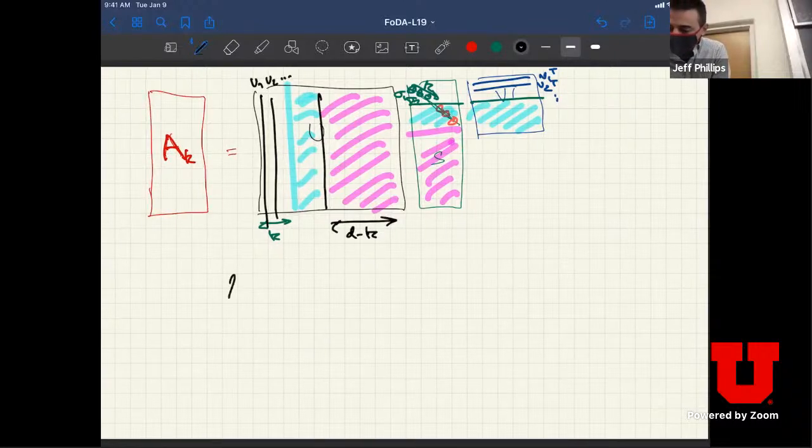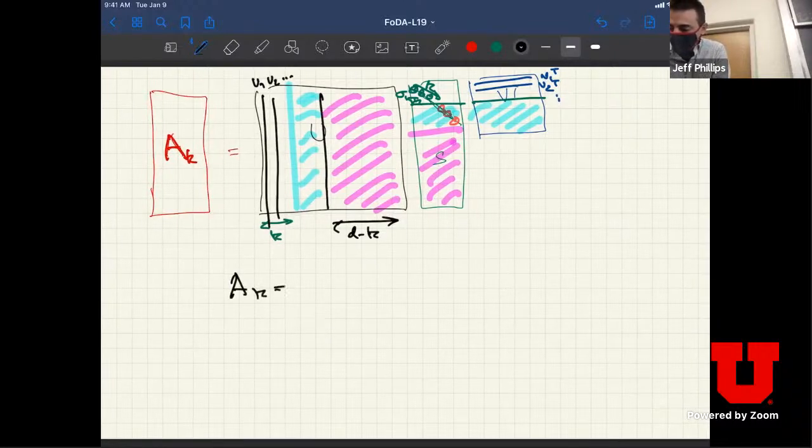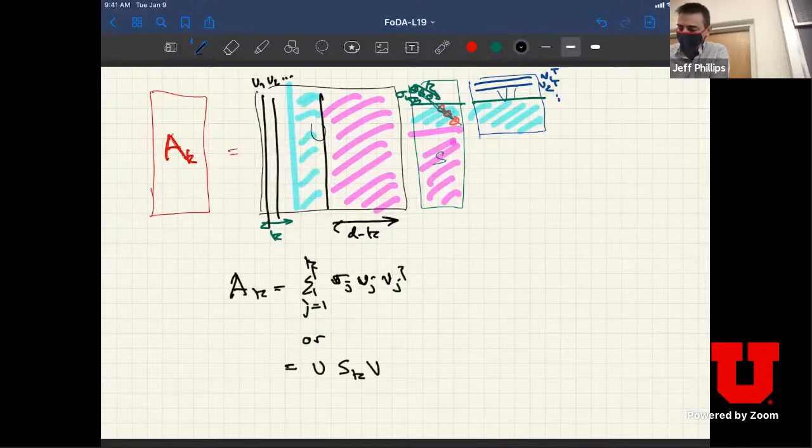So I can write A_K equals the sum j equals 1 to K of sigma_j u_j v_j transpose, as I did before, or I can say it's equal to U times S_K V transpose, where S_K is the diagonal n by d matrix with sigma 1 up to sigma k.